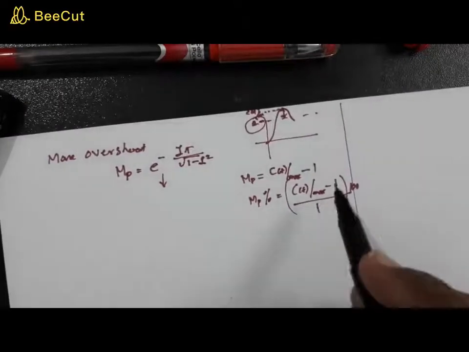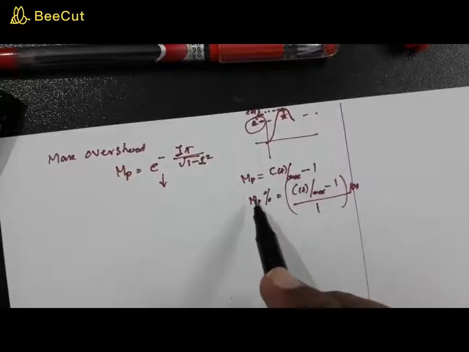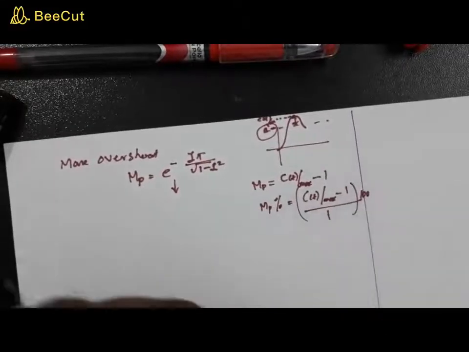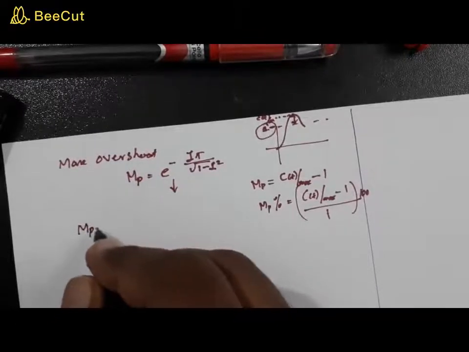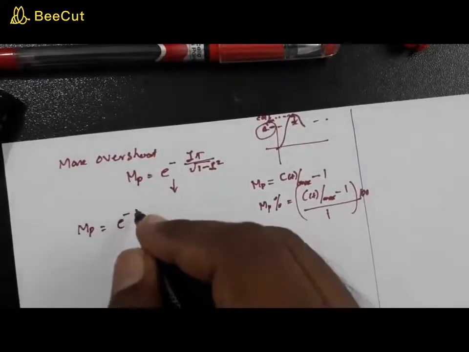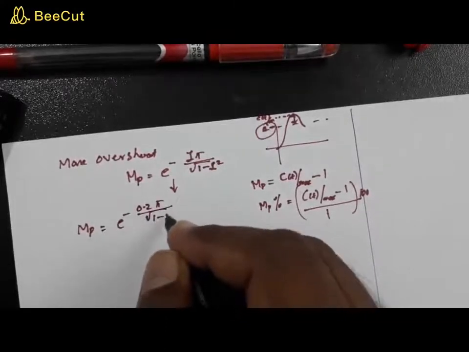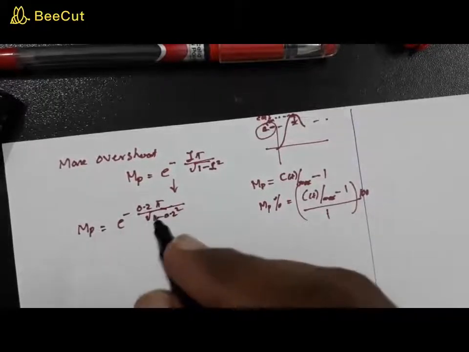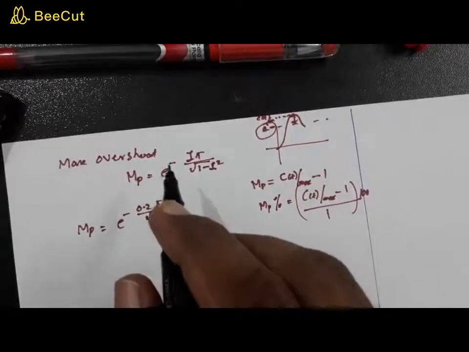I think I have skipped that while we were doing the derivation of this. That is, this Mp can also be expressed as percentage. So let us evaluate Mp to be e raised to minus 0.2 pi divided by root of 1 minus 0.2 square. Since there is no phi, no need of any evaluation.